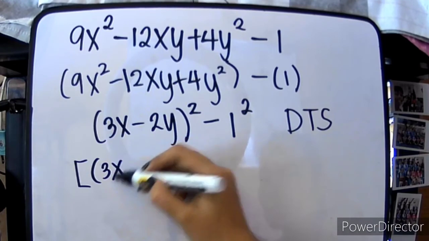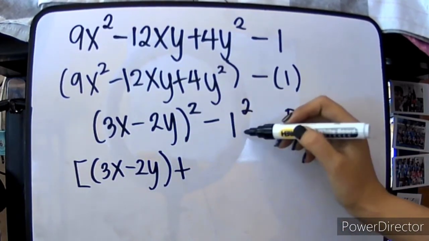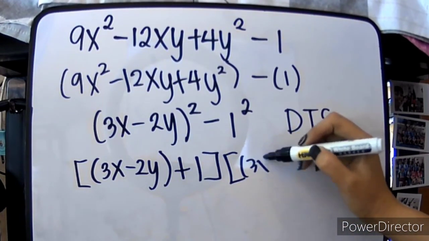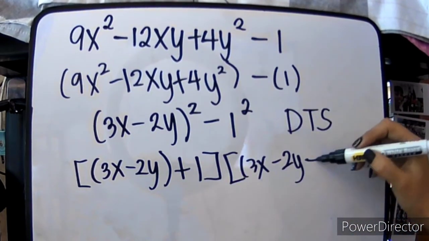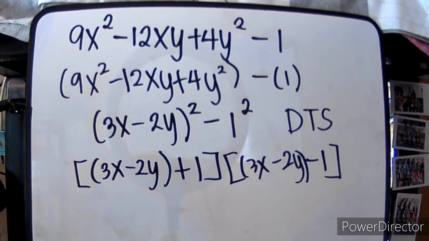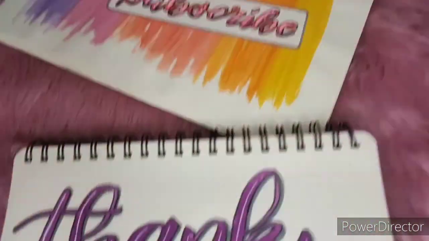So we have 3x minus 2y plus, yung square root nito is 1. And another is 3x minus 2y, dahil plus kanina, minus 1 naman ngayon. So I prefer na ganyan na lang yung final answer. So that is how you will factor by grouping.